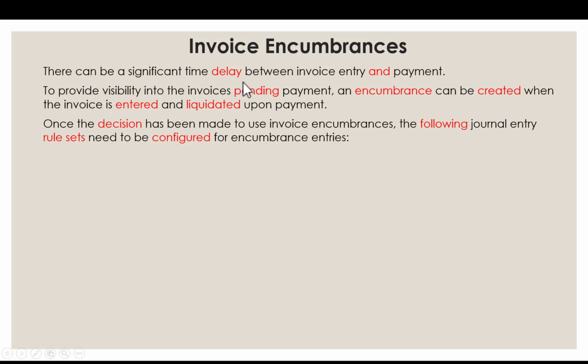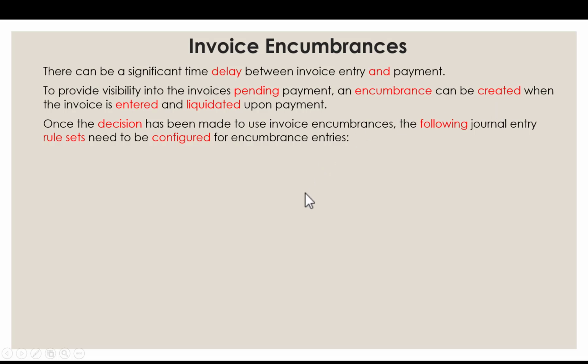In some cases there is a delay, since once I make an invoice, it's not required to make a payment immediately. So the encumbrance will not wait until you make a payment. Once you make an invoice, the encumbrance can be created.